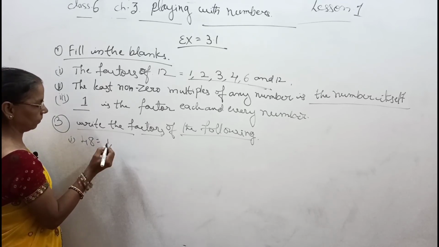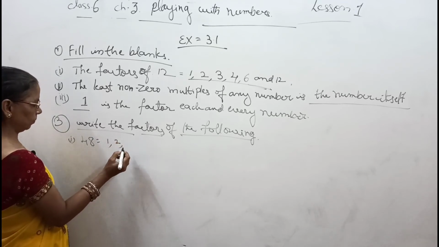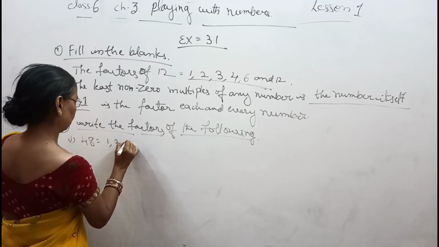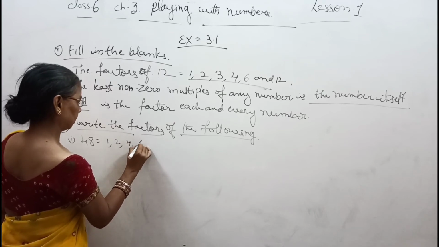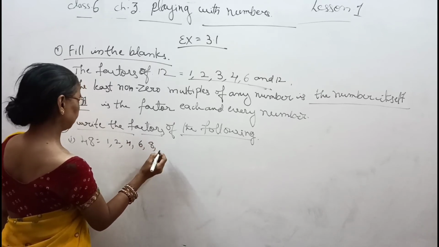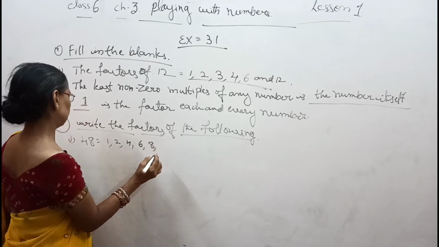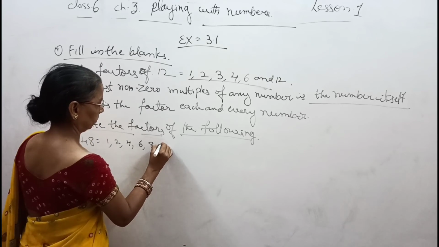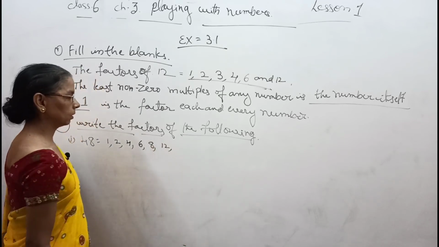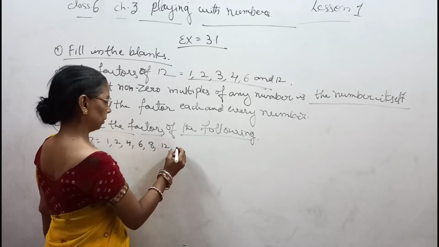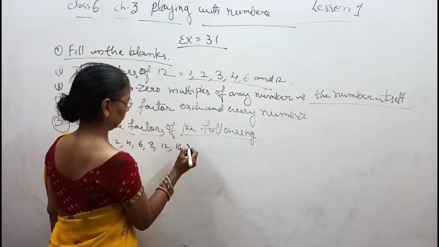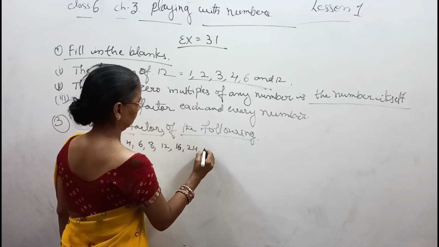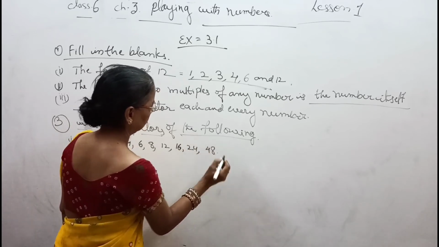That is 1, 2, 3, 4, 6, 8, 12, 16, 24, then 48.